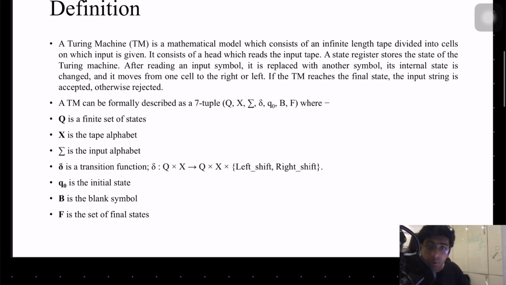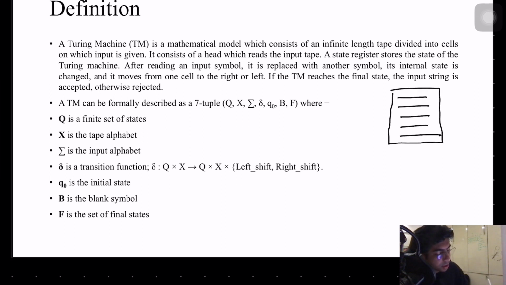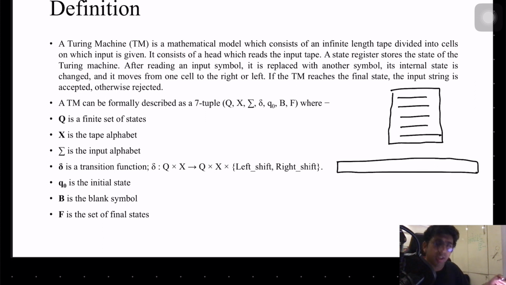In the human computing example, the piece of paper that was given to the human computers had some information on it. So we took all of this information and put it on an infinitely long piece of tape, where we stored all of this information, as you'll see in various other examples that I'll show you in a bit.